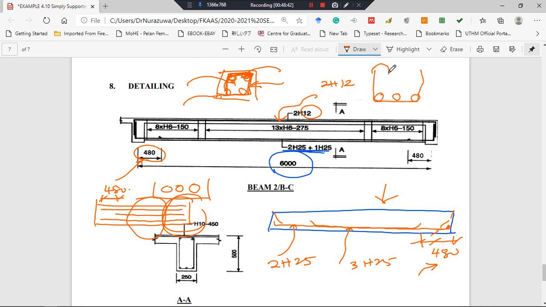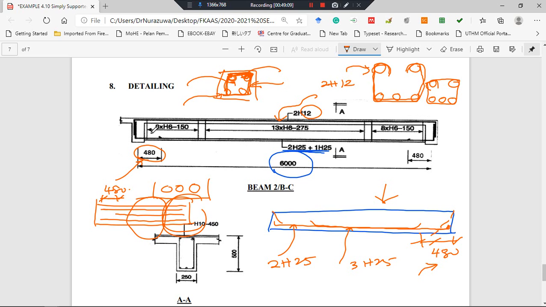So we tie it like this, or we tie it directly like this. So this is reinforcement. You need these 2 top bars even though you design it as a singly reinforced beam, to make sure that this shear link is well placed in the concrete.